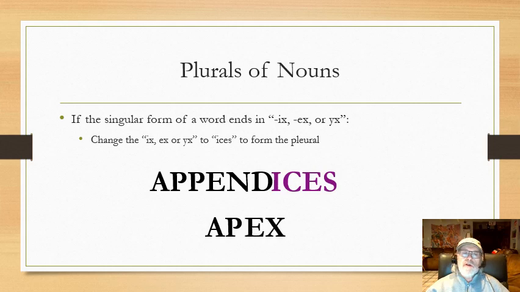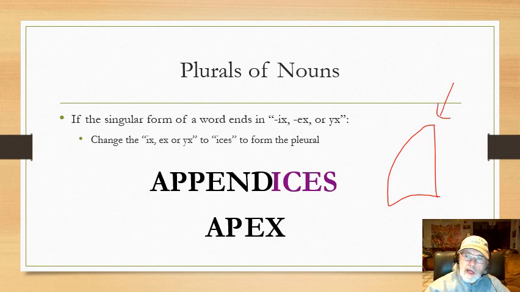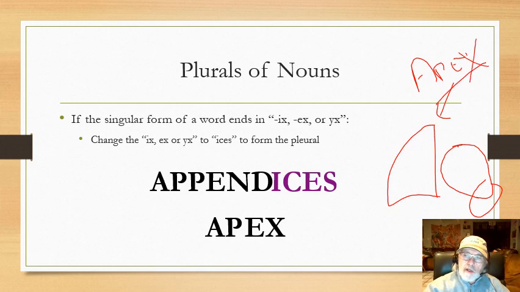Apex. So now here it's an EX. Apex is anything that comes to a point. If I look at a lung, let's draw it this way. A lung looks like this. This area up here at the top is called the apex. If I look at the heart, it comes in like this. This point down here would also be called the apex.